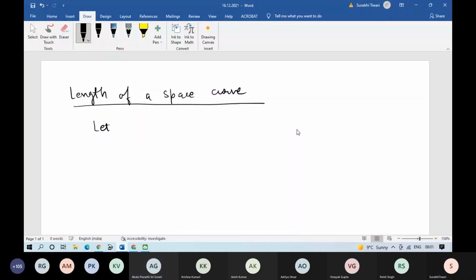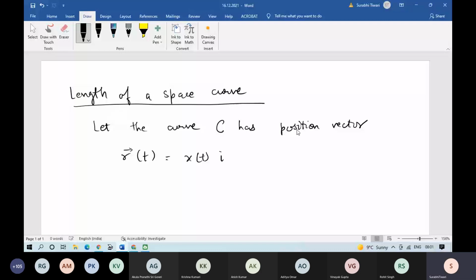Let the curve C have position vector R(t) equal to x(t) i plus y(t) j plus z(t) k.